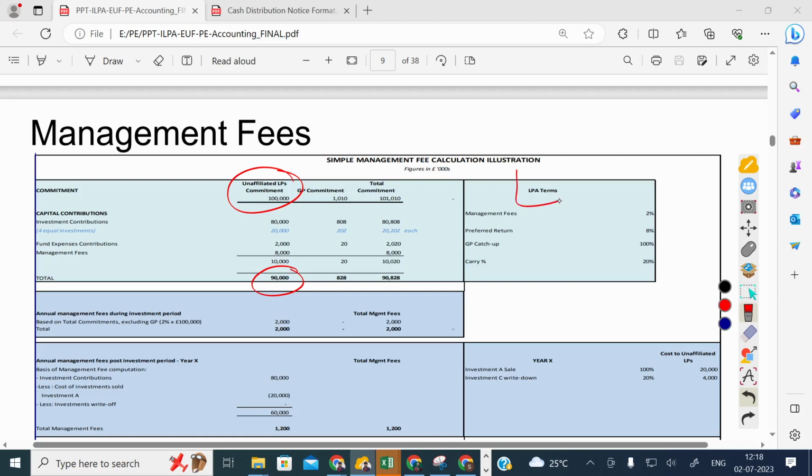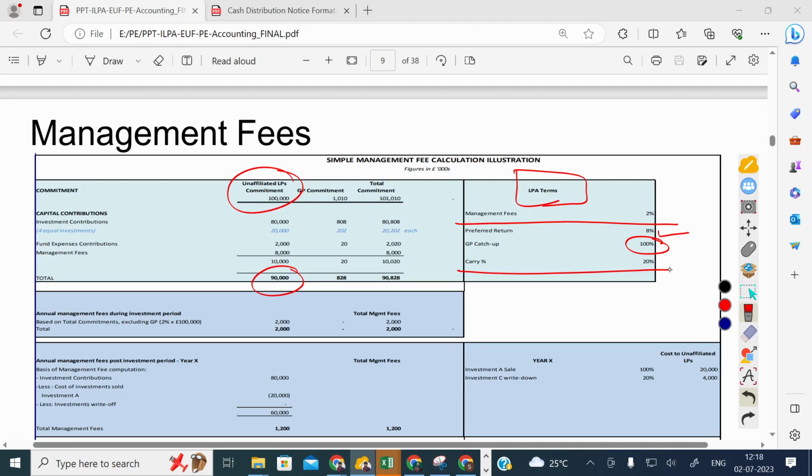LPA terms. Check the LPA terms for each and every fund. The terms define management fees, the terms define preferred return, the limited partners agreement defines your catch up, the general partners' 100% catch up, and then 20%. 20% means 20% carried interest, if it is applied.